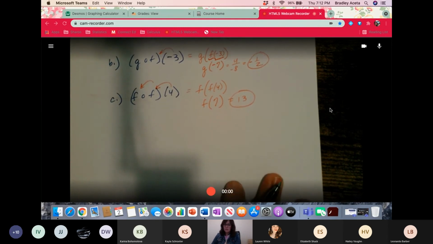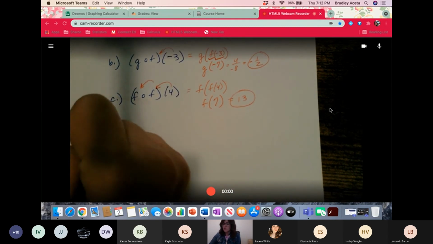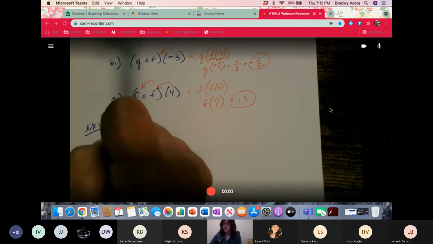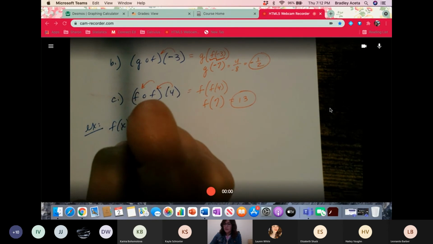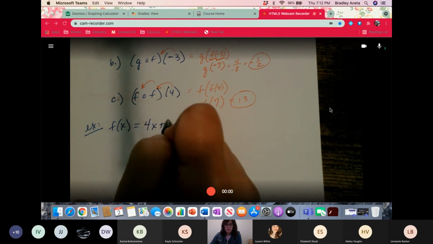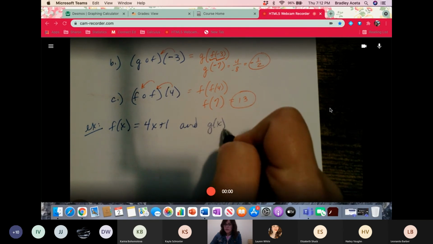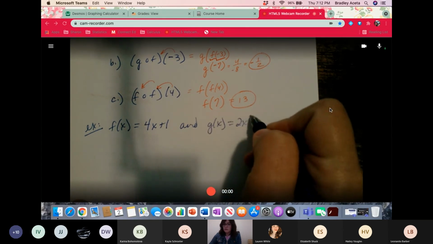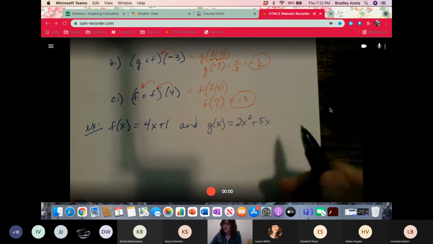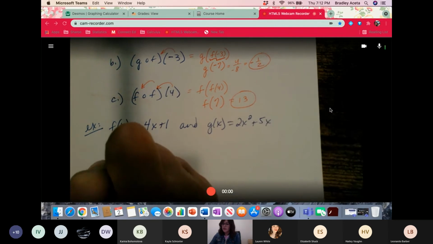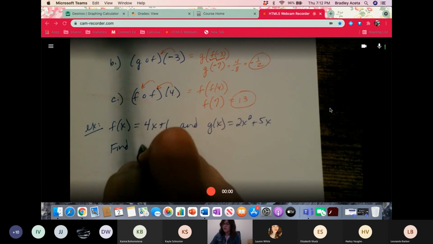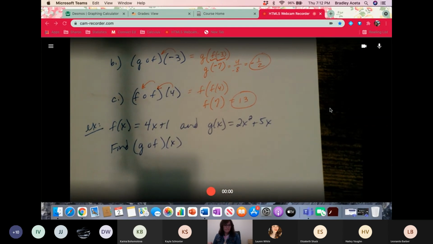Let's do one with just actual functions. f of x equals 4x plus 1, and then g of x equals 2x squared plus 5x. And let's just do one here. Let's find the g o f of x.